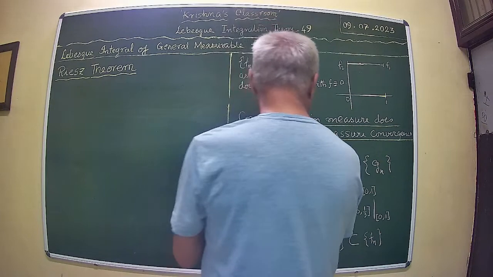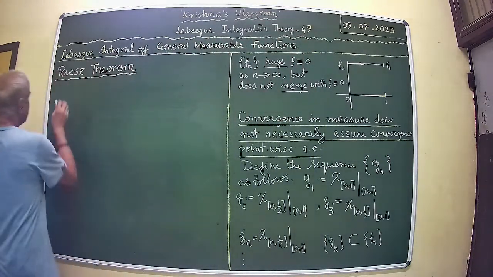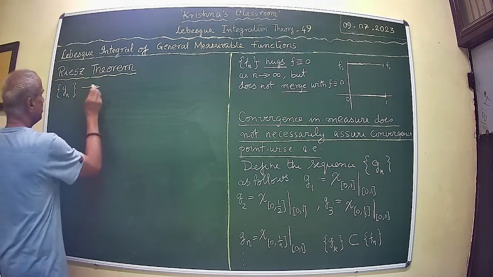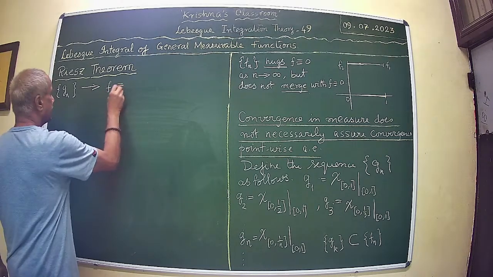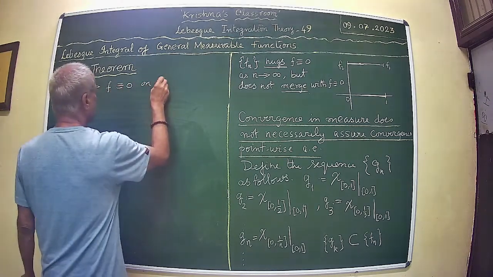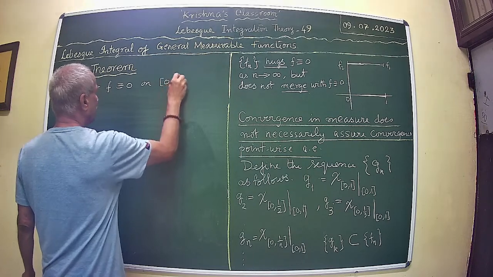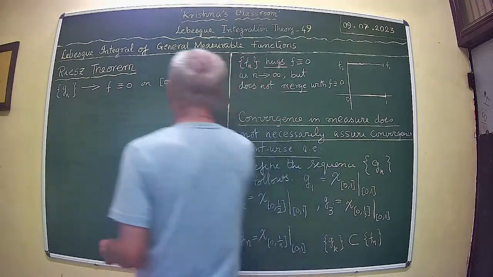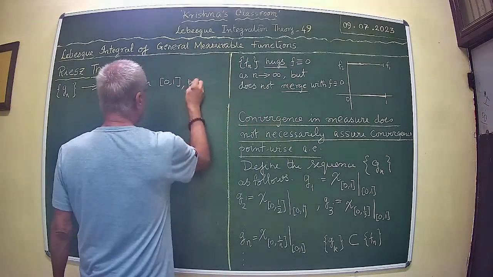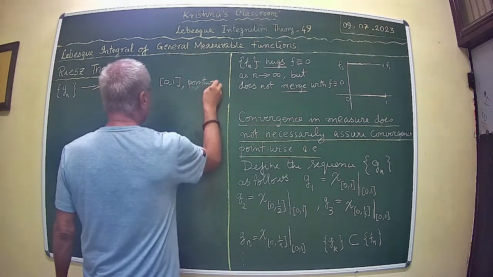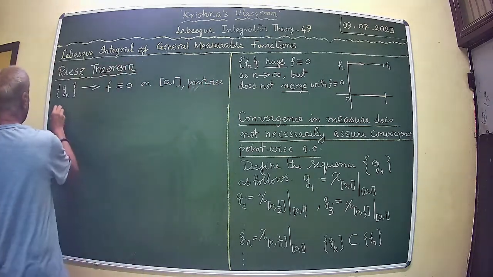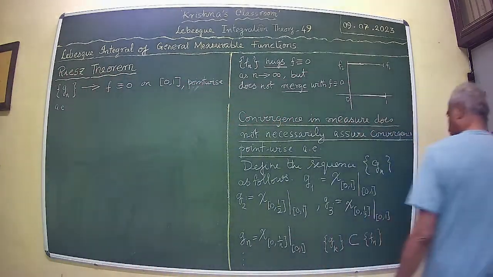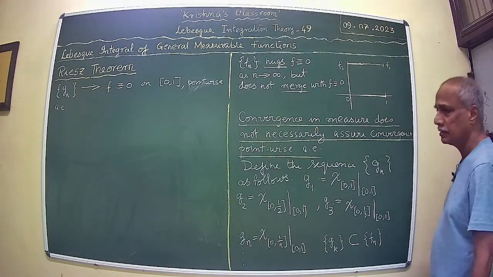Let us work on this. Now what happens? Now you see that Gn converges to f identically 0 on 0, 1 almost pointwise. At the point 0, possibly it does not converge at all.